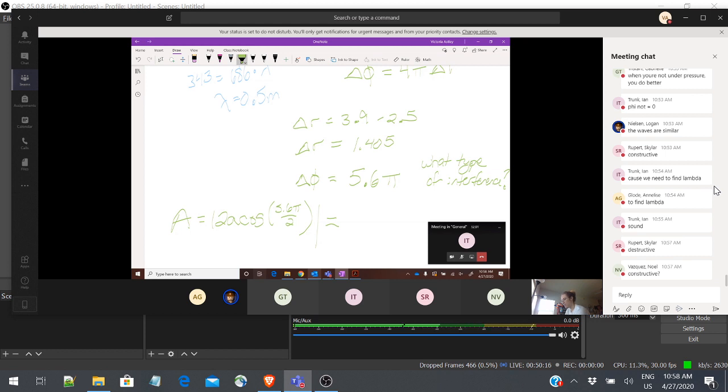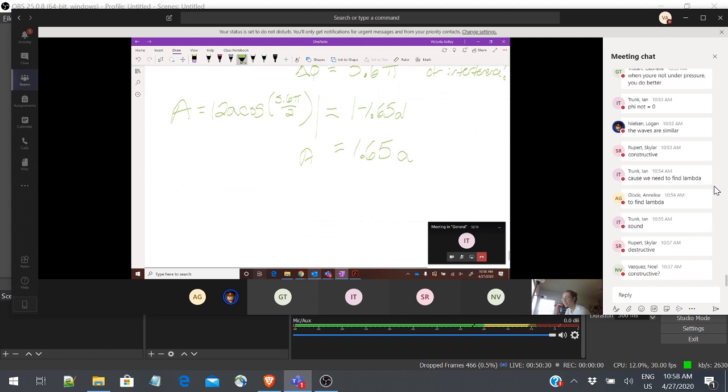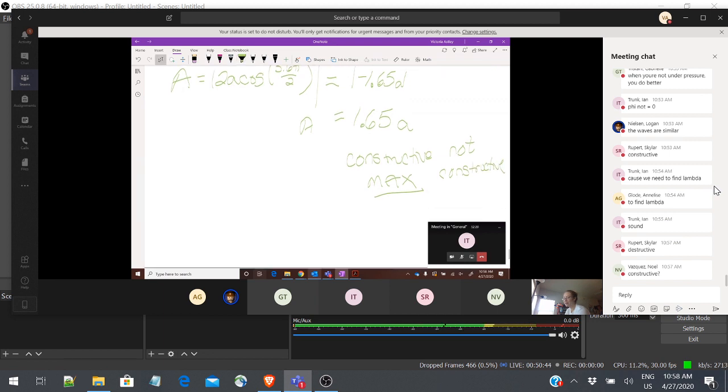So I get my combined amplitude is 1.65 times A. So it is constructive because it is bigger than 1, but it's not maximum constructive. Max constructive happens when it equals 2A. Okay. Is this making sense? Hopefully.